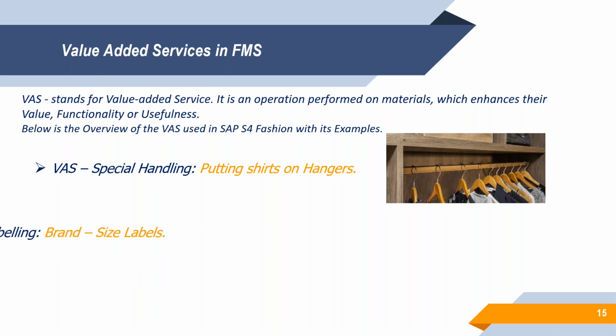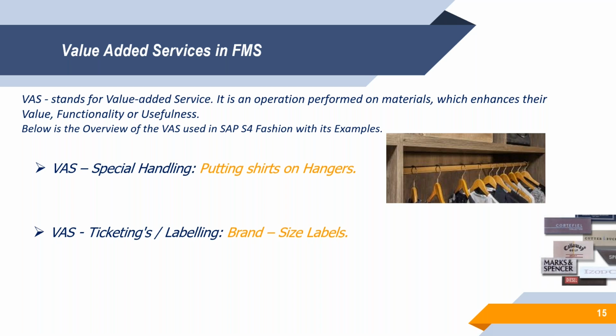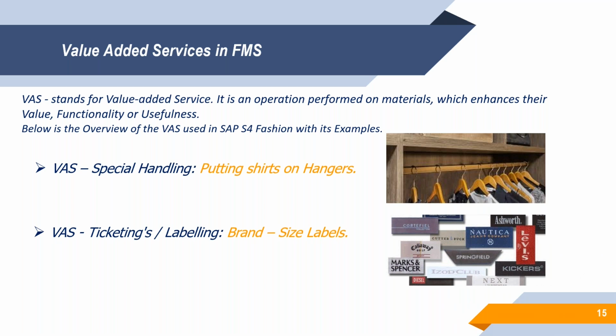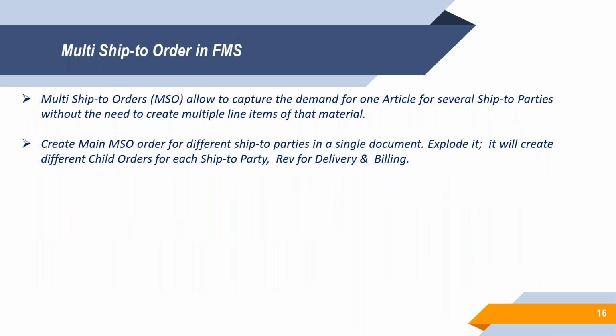And we have something called the VAS ticketing and labels, for example, it may be a price label, a brand label, or a size label, things like that. We also have the VAS special packing, like the customer may request you to pack in a gift box or assorted sizes, things like that.